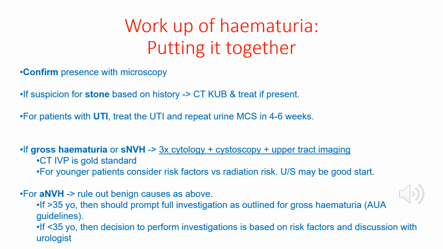Then it becomes an age thing, deciding what to do next. Patients above 35 should have full investigations as per gross hematuria. If they're less than 35 years old, then the decision to perform all the investigations, especially the CT scan, is based on risk factors and usually a discussion that happens with the urologist.